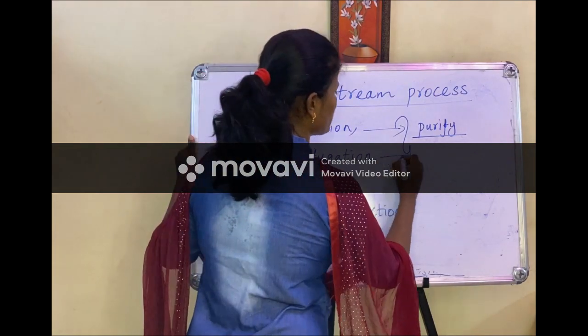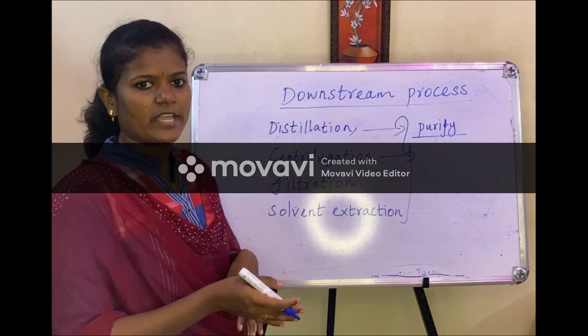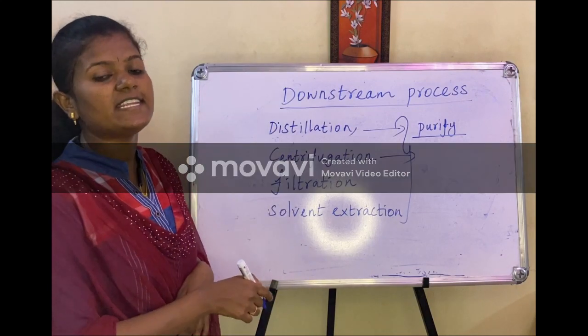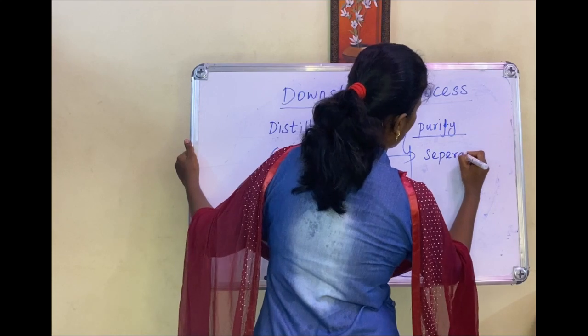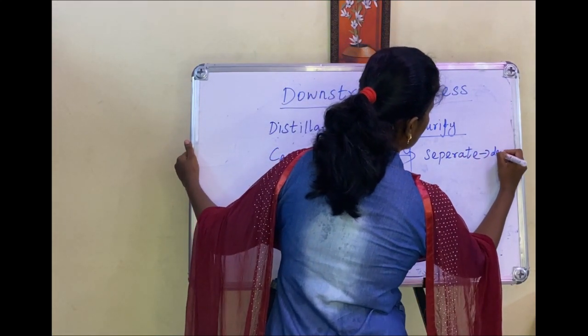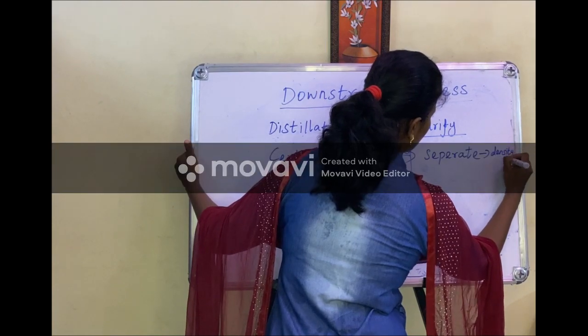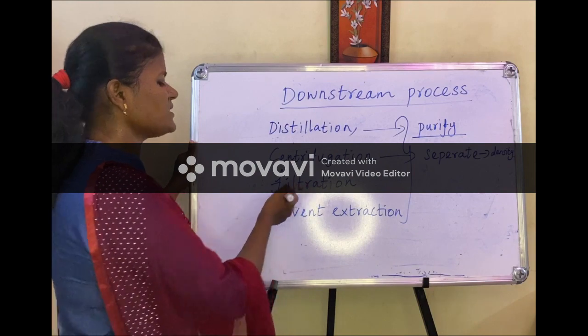What is centrifugation? We have to separate the product based on density. This is called centrifugation. The next step is filtration.